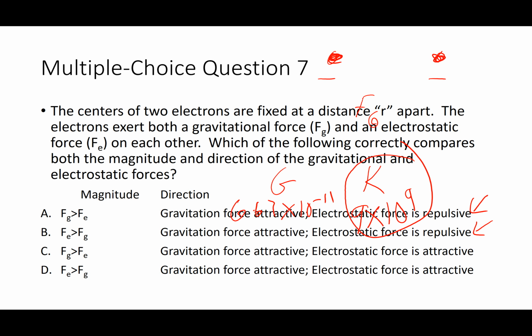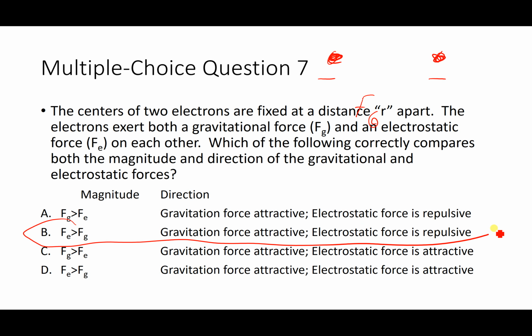Because K is so much greater, the electrostatic force between charged objects is almost always going to be much greater than the gravitational force. So what that's telling me is that the electric force is going to be bigger than the gravitational force. So I'm looking at answer B as my correct answer.